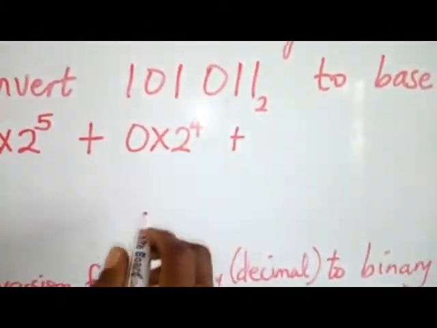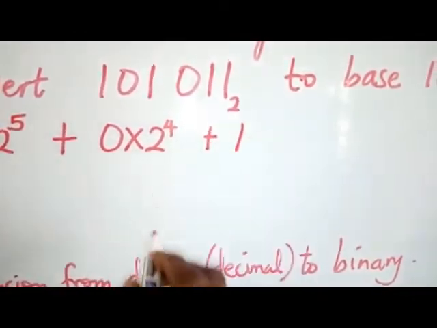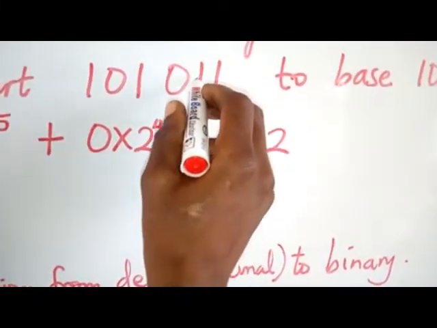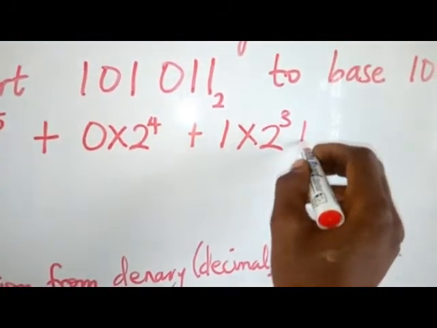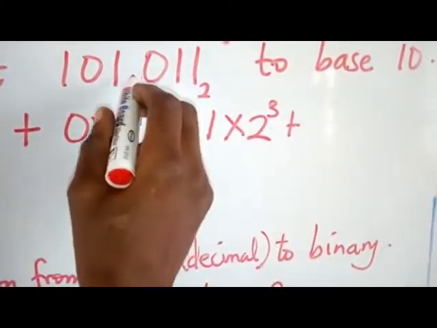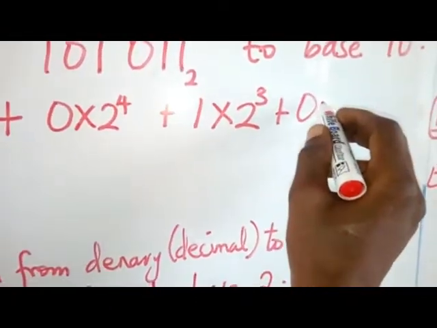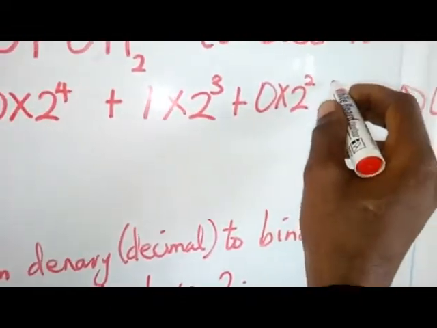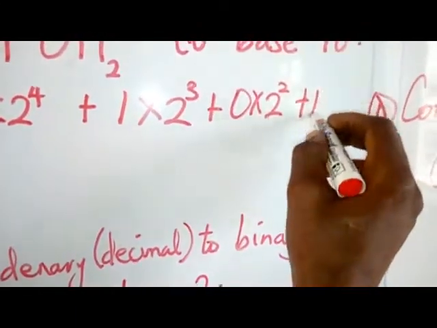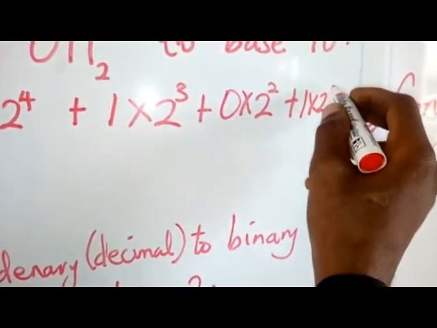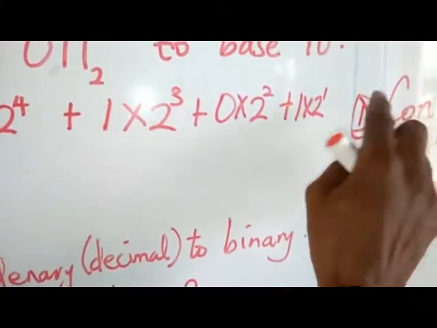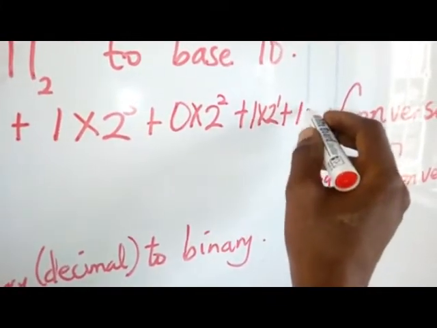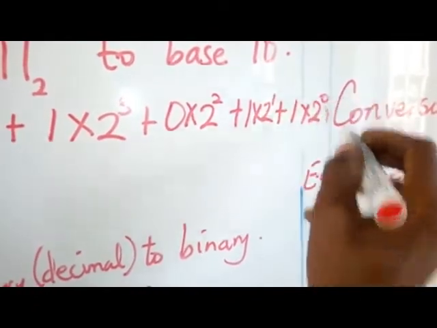Then the next one is 1 times the base raised to power 3, plus the next digit after 1, which is 0 times the base raised to power 2, then plus the next digit, 1 times the base raised to power 1, and the last one is 1 times 2 raised to power 0.